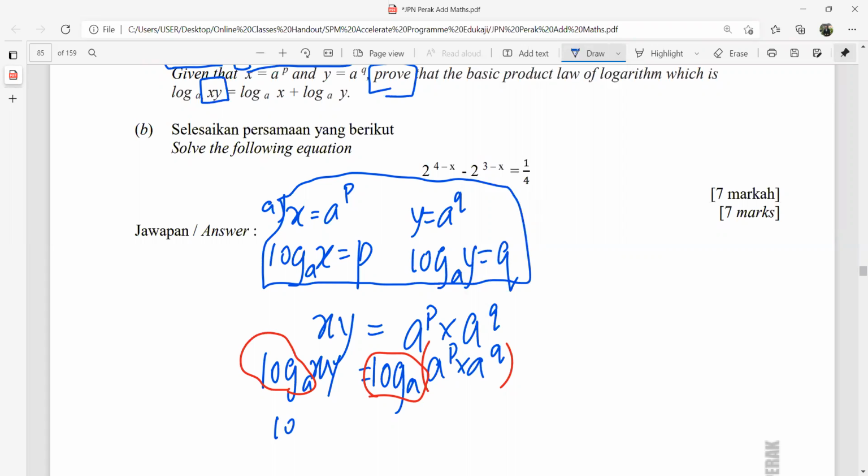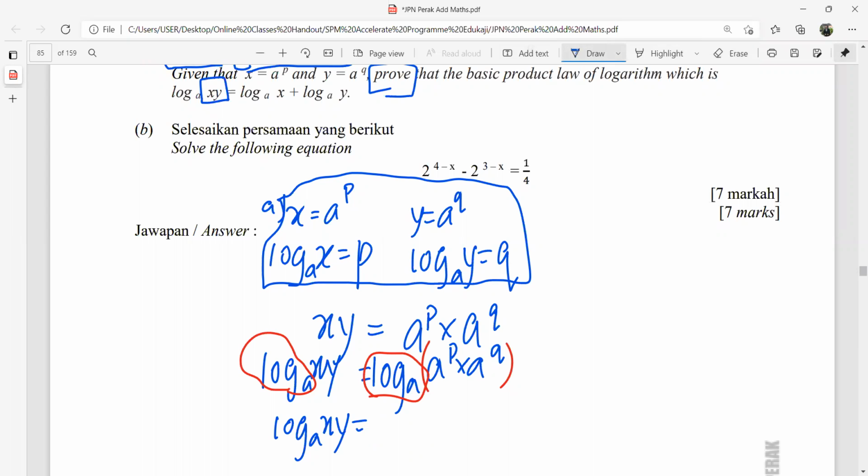So you are going to prove log a xy. And you can say in between is log plus log. Is it? No, you cannot directly, because you know why? All of you remember the formula log xy equals log x plus log y.